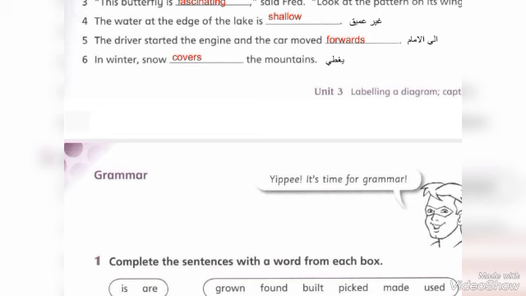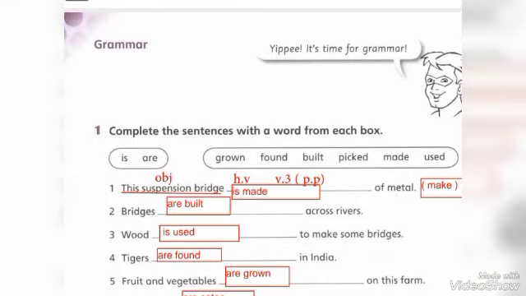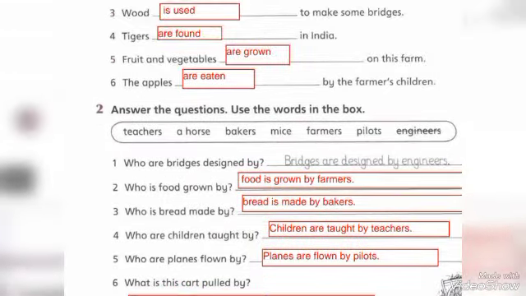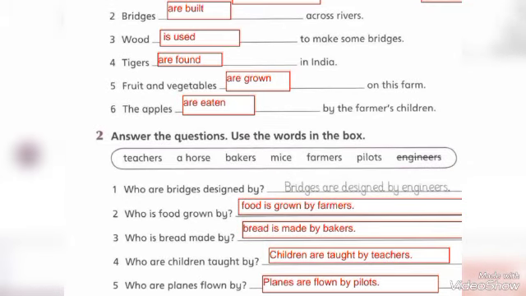This is passive. This is a kind of question which is very important. And here to make object then is or are, then verb 3, so we make passive sentences here because it begins with an object. We call it passive sentence.